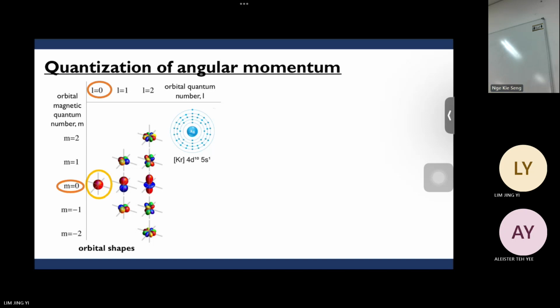In fact, we should observe no orbital angular momentum. Can you see why we should observe no orbital angular momentum here when L equals 0?